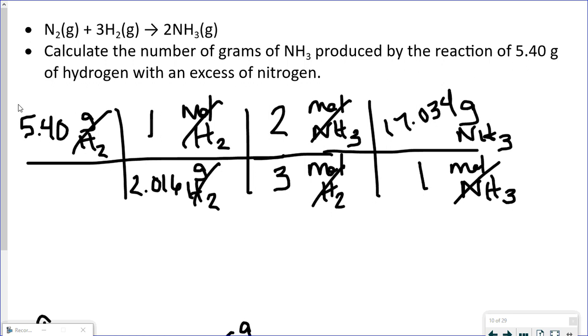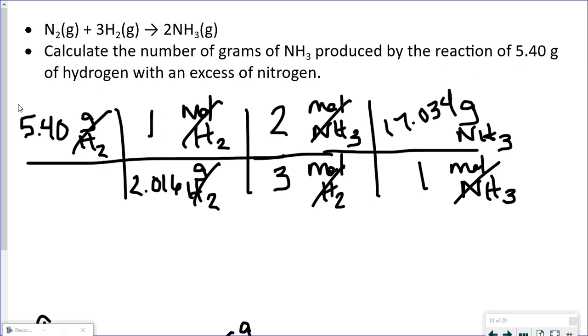So we're going through the exact same process, but our problems may be a little bit longer. Remember, any number above the line you multiply, any number below the line you divide. So we're going to do 5.40, divide by 2.016, multiply by 2, divide by 3, and multiply by 17.034.